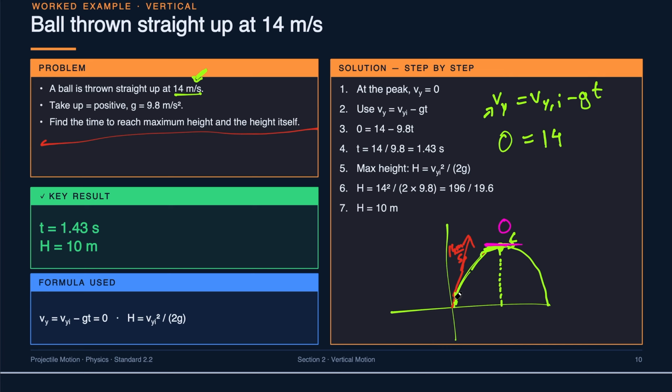Okay, because it's just thrown straight up. So this diagram is a bit misleading, but it looks more like this. It's just thrown straight up with only y direction, no horizontal. Or it can be 14 meters per second in the y direction, but the horizontal we just don't know yet. Either way, we have what we need. Minus g, 9.8, times what? T.